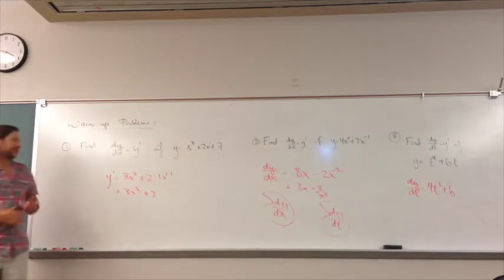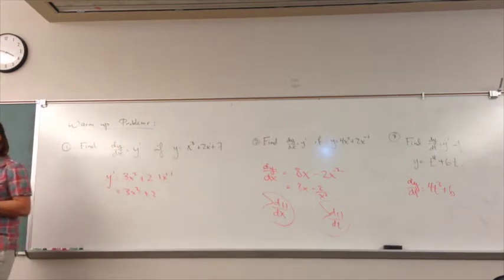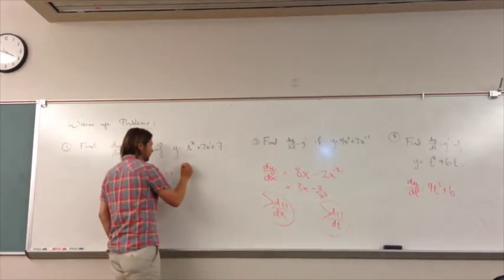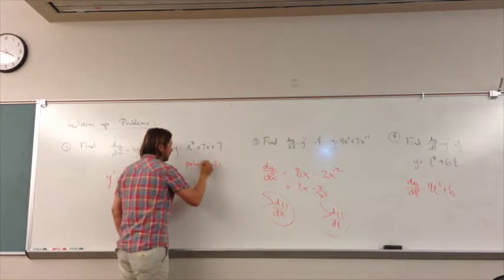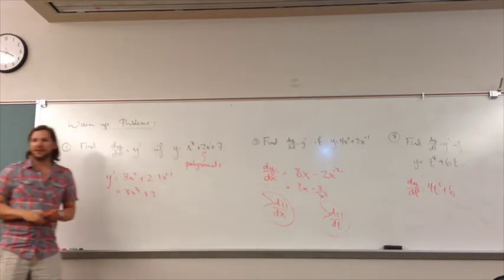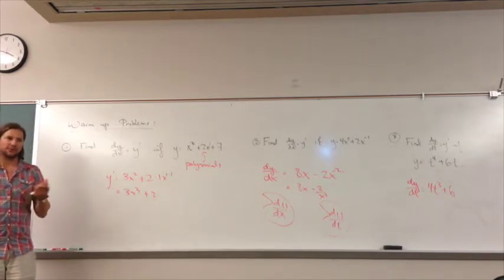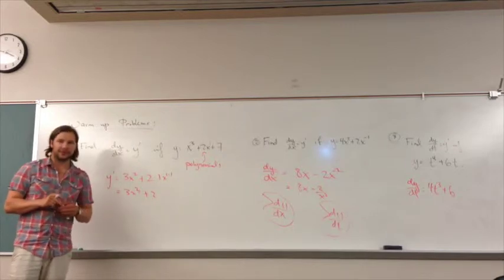Of course, these are really simple examples because what type of function are they? Starts with a P. Polynomial. Yeah. So what we study in this class are pretty much polynomials and then rational functions, which are ratios of polynomials, and then exponential functions.